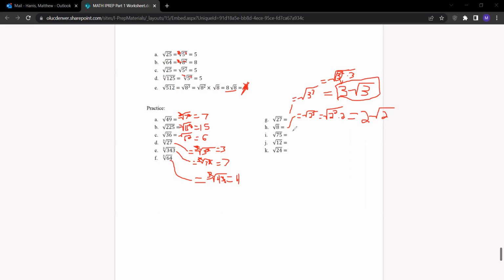All right, so 75 is going to be a little bit different, right? So this one's not a cube root, so we kind of just factor it out. So what this is, 25 times 3, which is equal to 5 squared times 3.